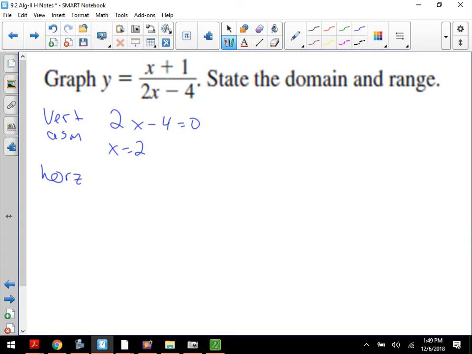The numerator has a leading coefficient of 1. The denominator has 2, which gives it a horizontal asymptote at a half. Vertical asymptote at 2, horizontal at 1/2.